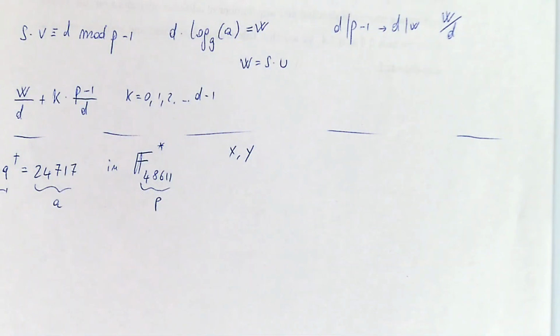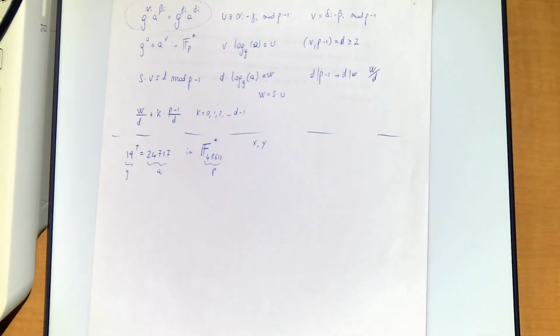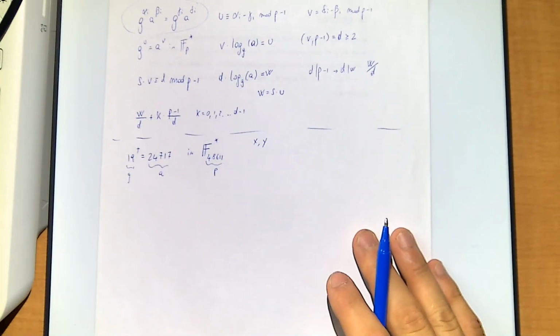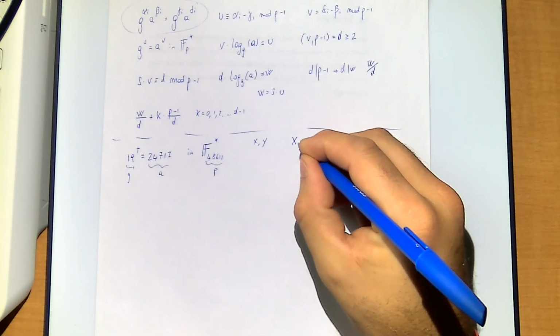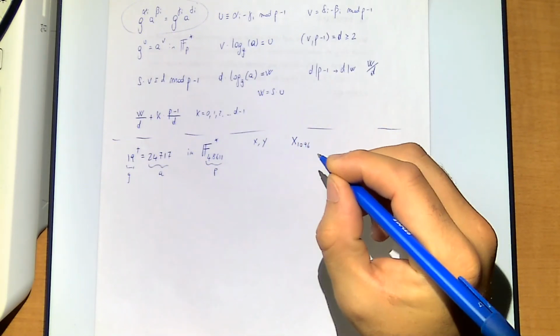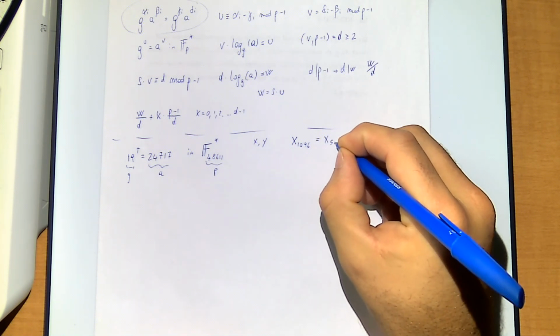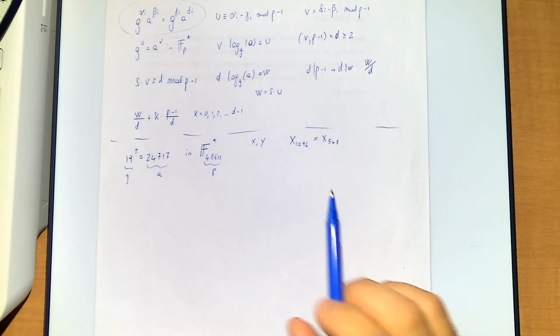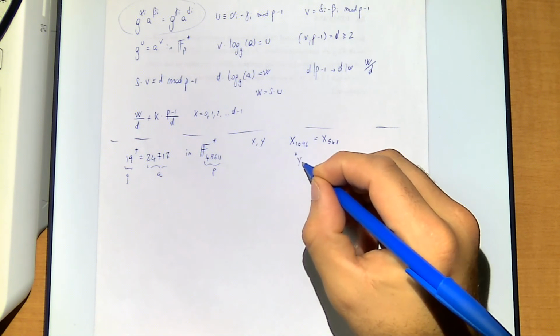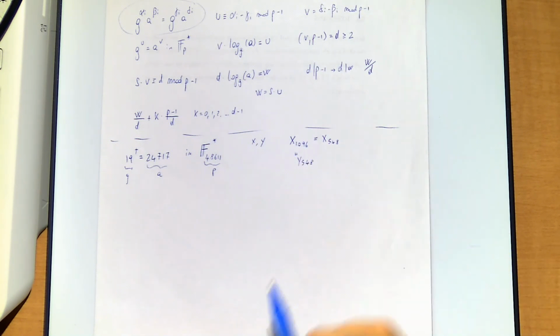Okay, now I can take this off. And okay, so now what I found is that x 1096 is equal to x 548. Okay, because that's y, this is y 548.